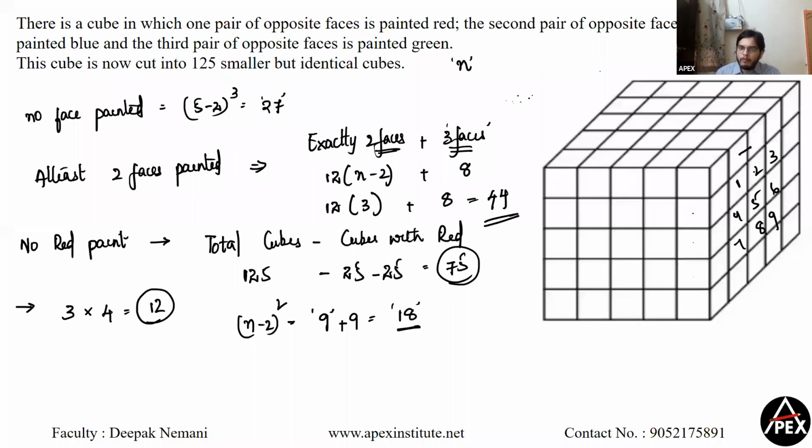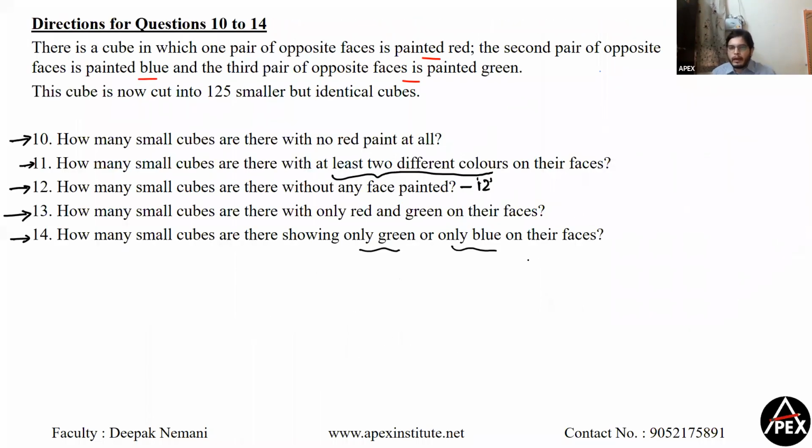In the same way, you will be having these 9 cubes painted with only blue color, and 9 more cubes on the bottom face painted with only blue. So total 18. 18 plus 18, you will have 36 cubes painted with either green or blue color on the face.